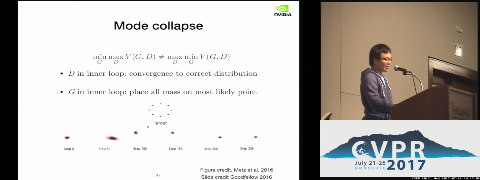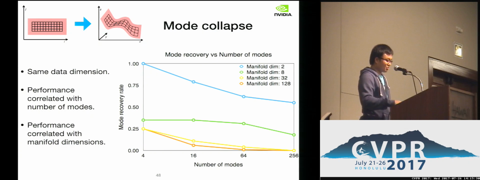It starts by capturing one cloud and jumps to another, and just keeps changing the cloud it captures, but never really captures the entire data distribution. It wasn't able to learn these Gaussian clouds.